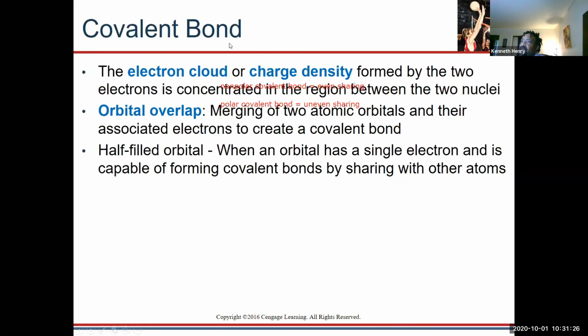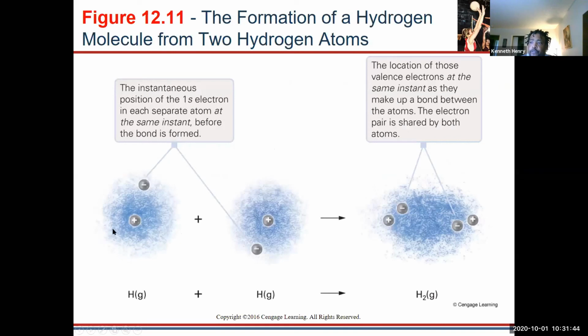Okay, so really what's happening in terms of covalent bonding is that you have what we call the electron cloud overlapping. So you're going over each other. Let me show you what that means. Here, this represents that hydrogen. This is that other hydrogen.